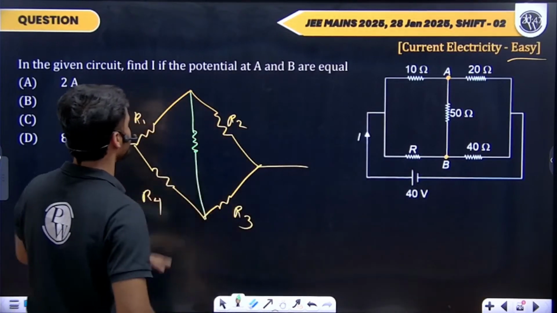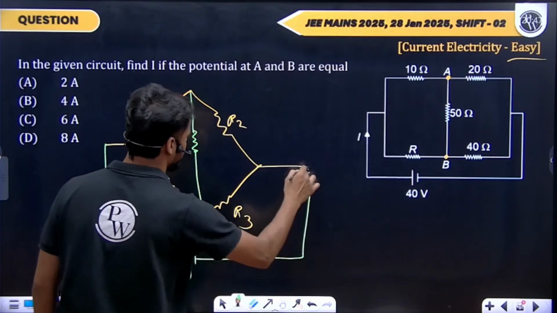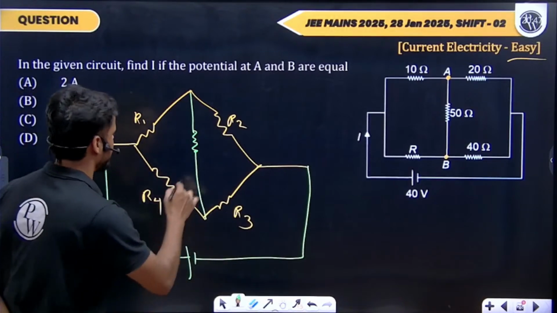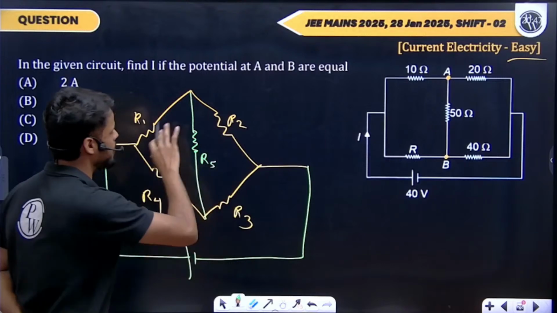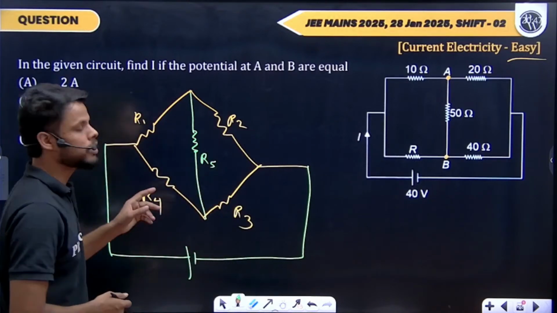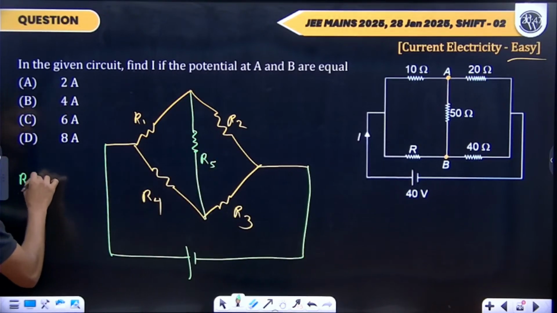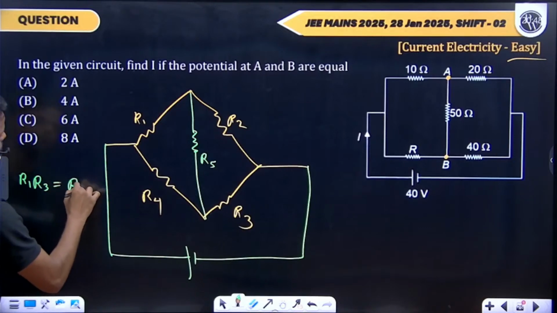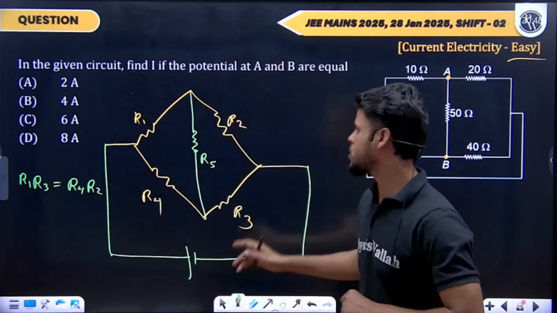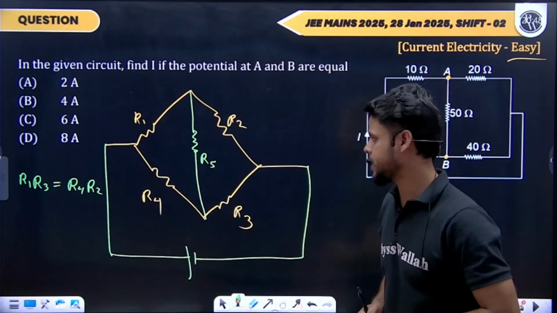This will act as a bridge, and if we apply a potential difference from this side, and the Wheatstone bridge is balanced, that is, what is a balanced Wheatstone bridge? If R3 multiplied by R1 equals R2 multiplied by R4, then this Wheatstone bridge will be balanced.